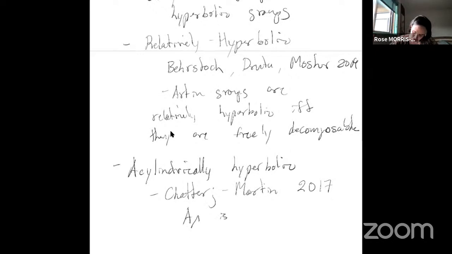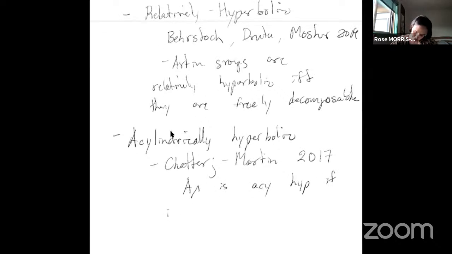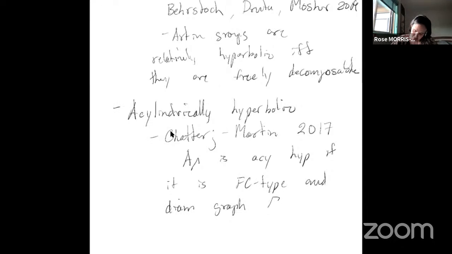So A gamma is acylindrically hyperbolic if it is FC type and the diameter of the graph gamma is greater than or equal to 3.